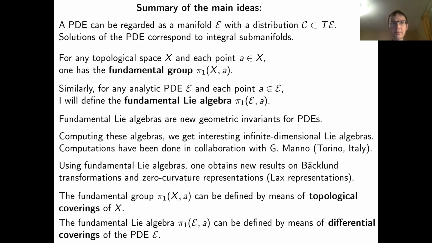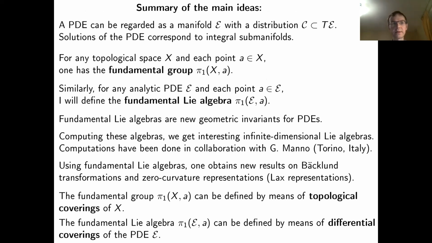Now I can give a summary of the main ideas of my talk. So we regard a PDE as a manifold with a distribution. Solutions of the PDE correspond to integral submanifolds. Now, so we have this geometric approach to PDEs.